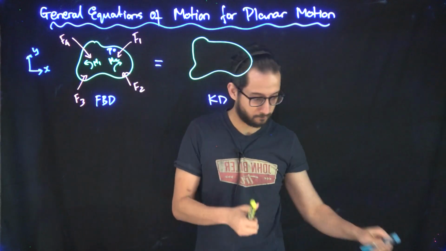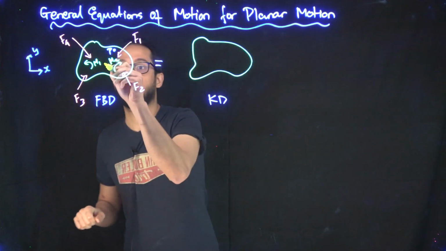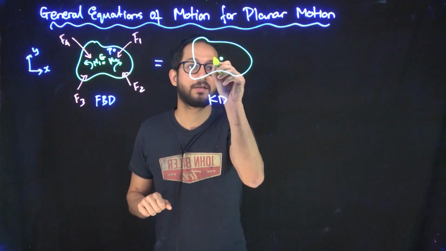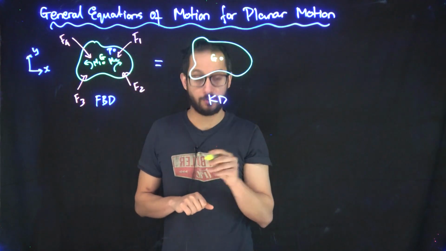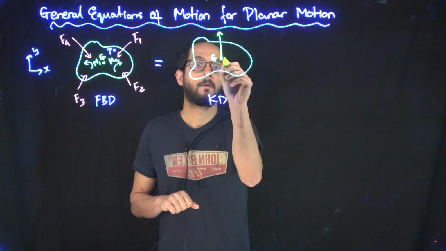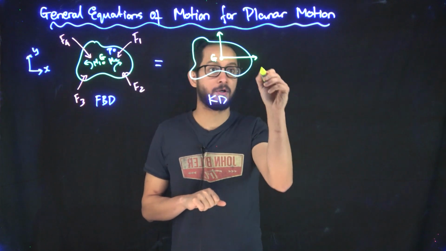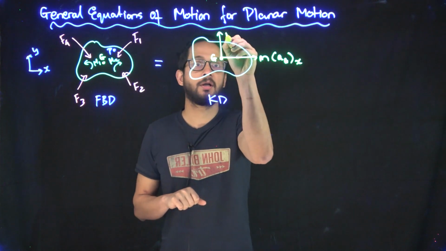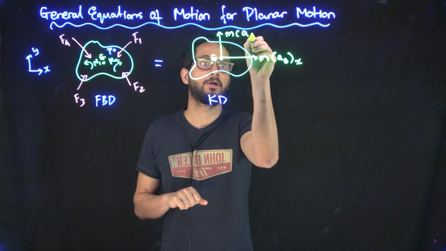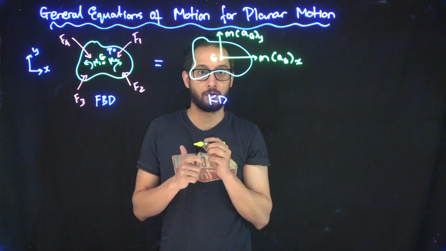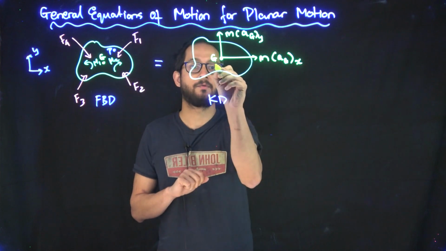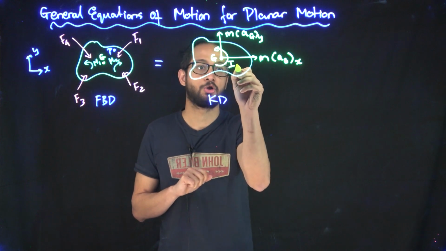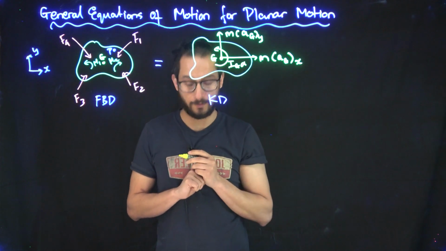Which we had seen in our XY coordinate system. So let's define the mass center, G. You have an equivalent acceleration in the x direction and an equivalent acceleration in the y direction, and you've got an equivalent rotational motion, so that is IG alpha, right?